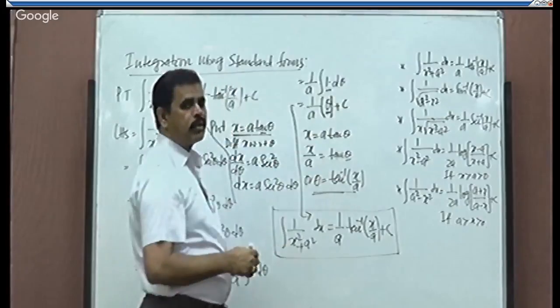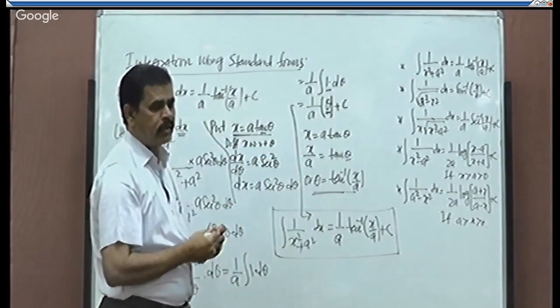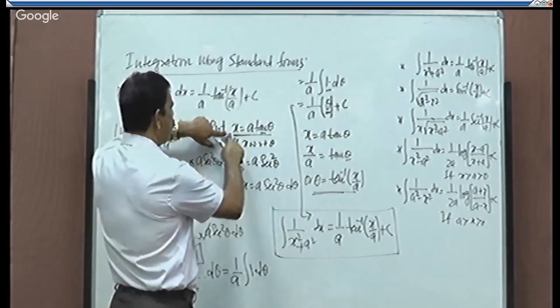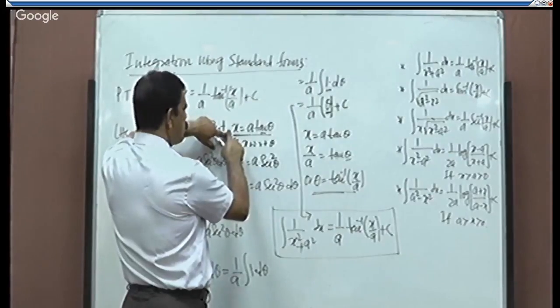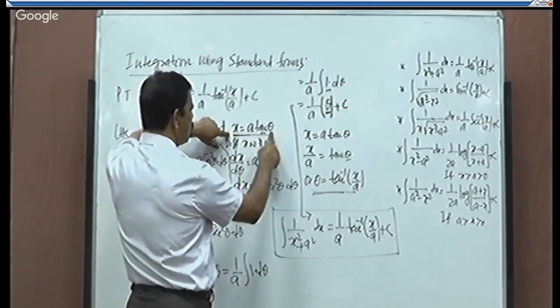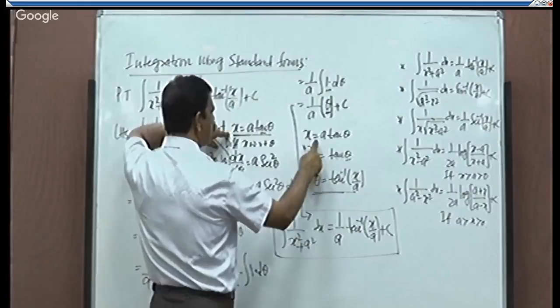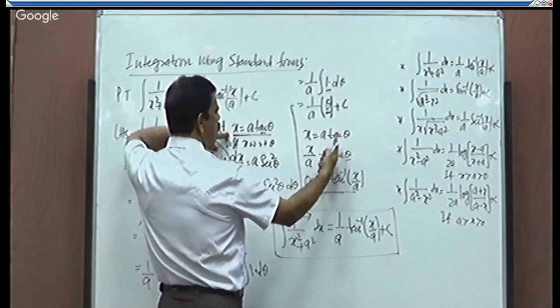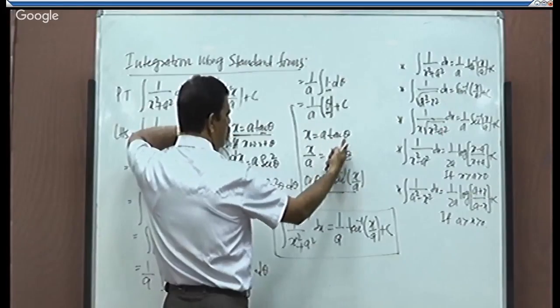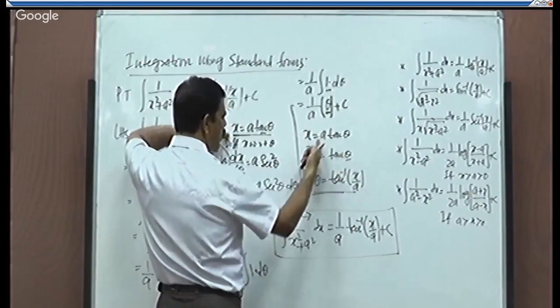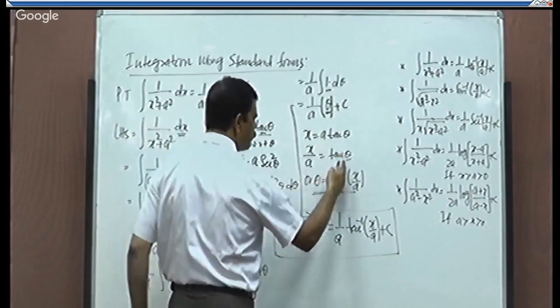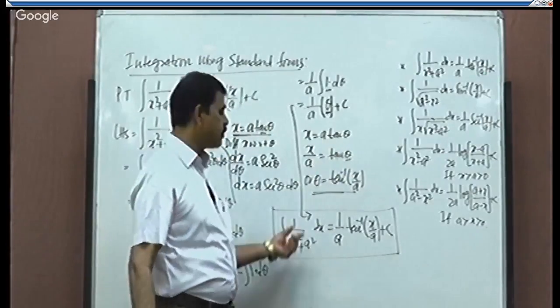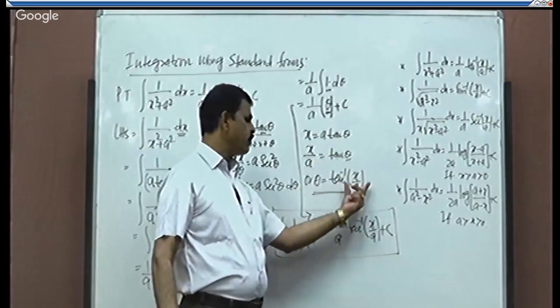Then I need to substitute in terms of theta. Then what to do? You take this equation. We have taken x is equal to a tan theta, right? From this equation, I need to convert for theta. X is equal to a tan theta. Therefore tan theta becomes x divided by a. X by a is tan theta, or theta is equal to tan inverse of x by a.